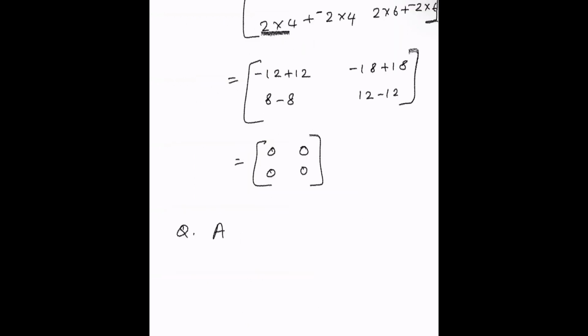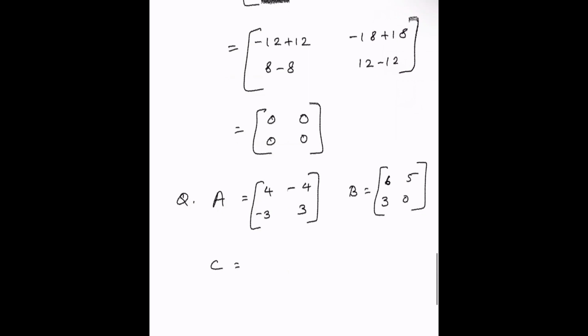Question is A is equal to 4, negative 4, negative 3, 3. B is equal to 6, 5, 3, 0. And C is equal to 2, 3, negative 1, negative 2.